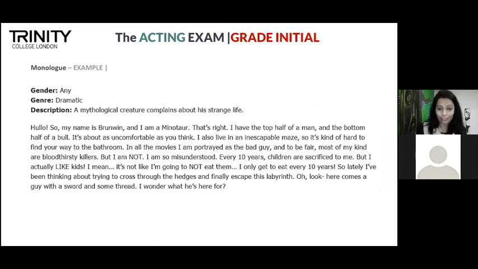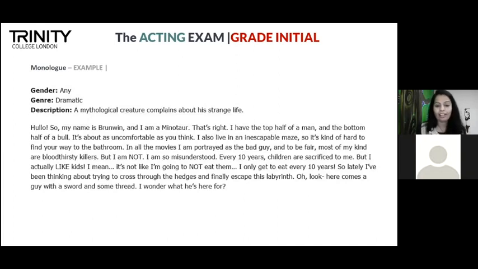Here the child would be expected to show the body language of the minotaur, the discomfort that the minotaur has, being half bull and half man, and how difficult it would be to move around a very small space in a maze. And the frustration, of course, of not being able to eat every day and being fed only every 10 years.